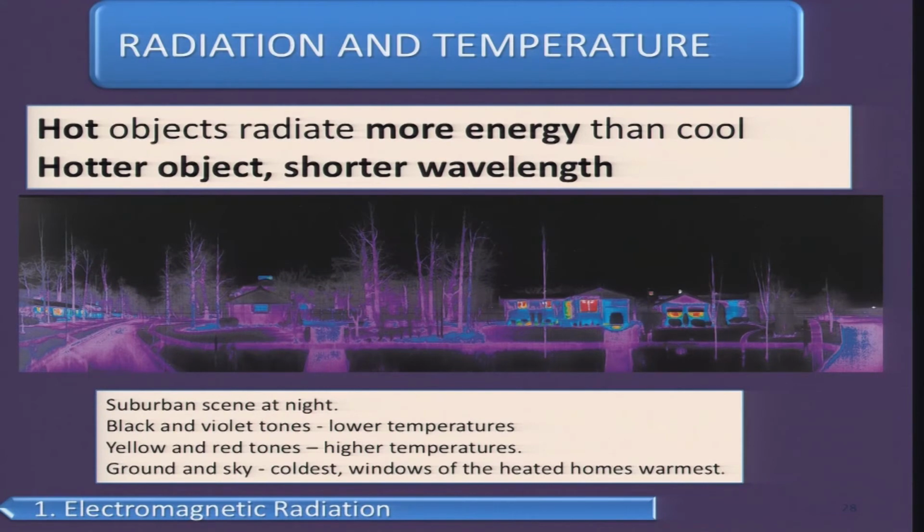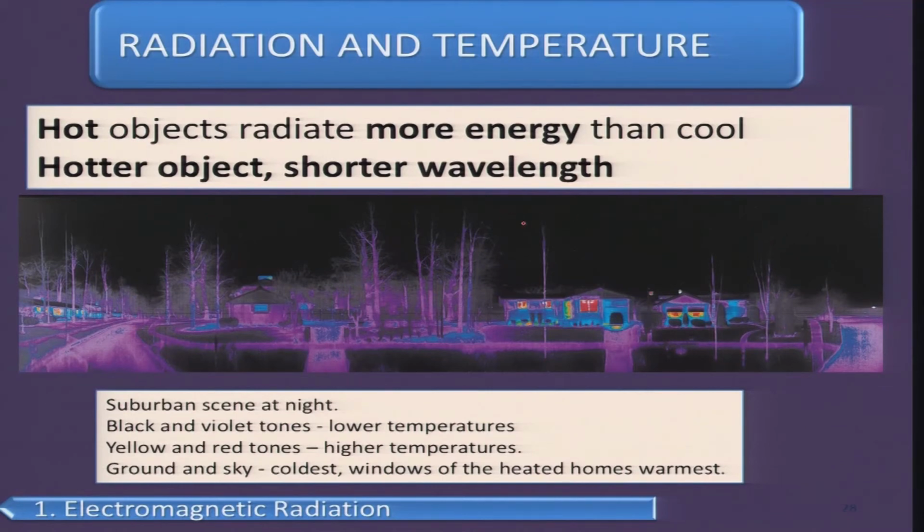Now, the scene above, if you look at, there are a few colors which you can identify here. So black and violet has been shown here, the house. Okay. Black and violet are the areas of low temperature, whereas the yellow and red tones are indicative of high temperature bodies. Ground and sky are coldest, windows of the heated home are warmest.